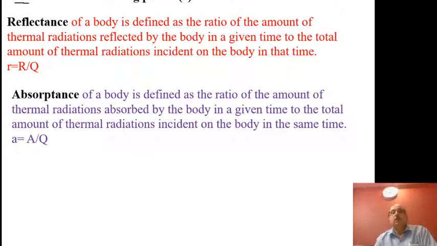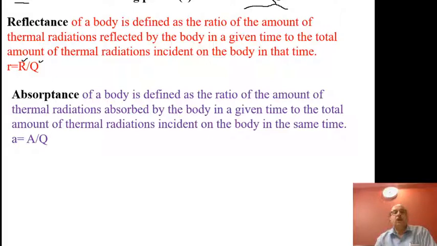As the heat radiation Q is partially reflected, the reflectance of a body is defined as the ratio of the amount of thermal radiation reflected by the body in a given time to the total amount of radiation incident on the body in that time.